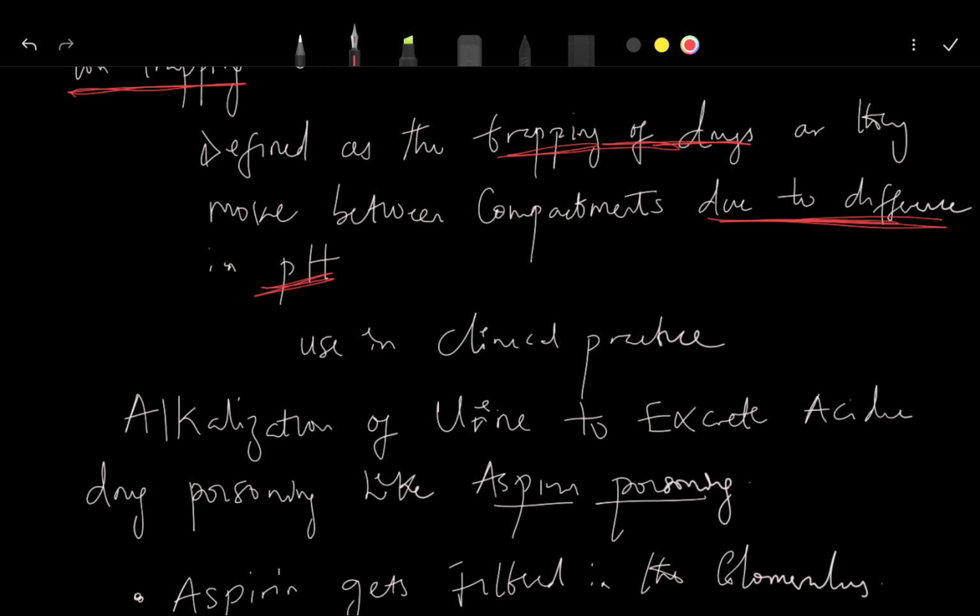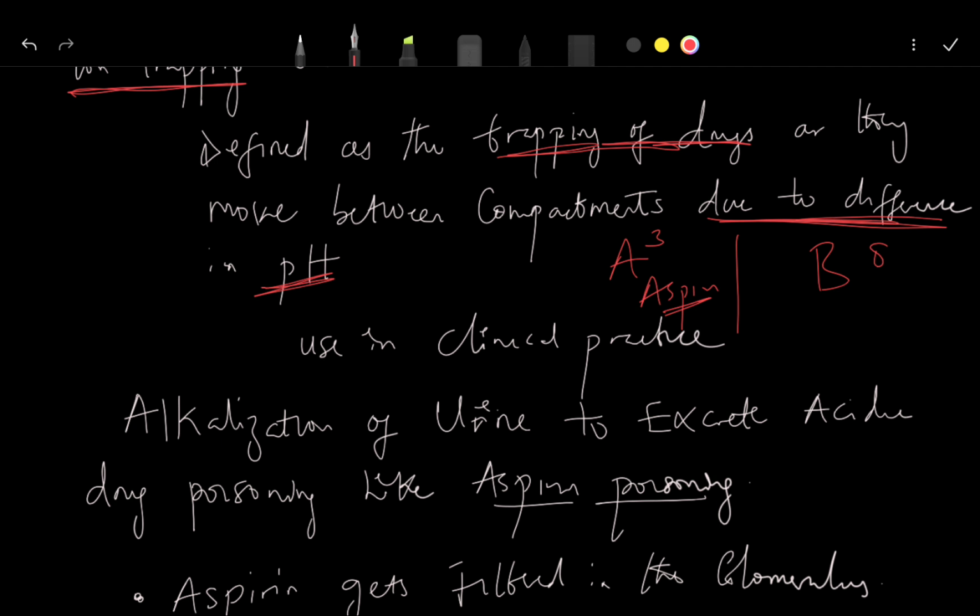Let's take an example. Imagine here are two compartments: here is compartment A and here is compartment B, and I have aspirin here. Let's say the pH in compartment A is 3, while the pH in compartment B is 8.